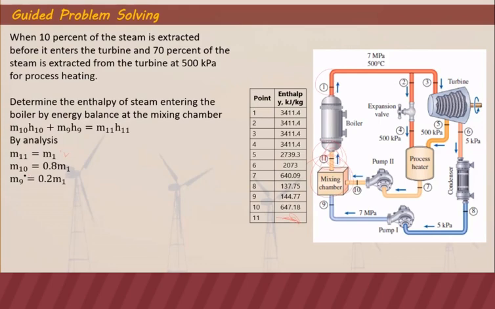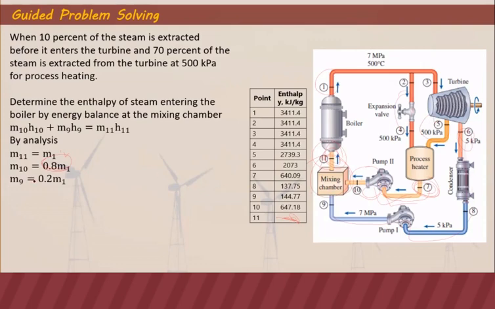And then we know that M10 is equal to M7 because there's no branching here. So the same mass flow here. So M10 is equal to M7, which is 0.8 M1. M9, on the other hand, is equal to M8, which is equal to M5. And if this is 10%, this is 70%, the remaining will just flow here, which is 20%.